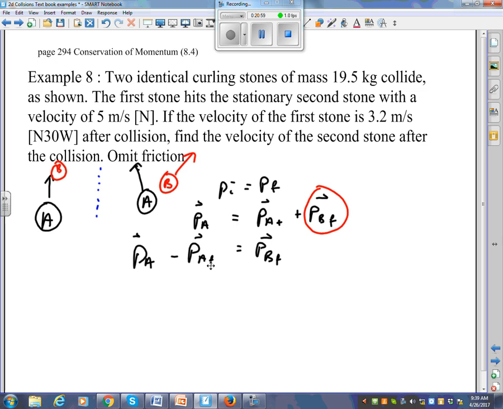And of course I've changed up my notation here. Well, how do we do vector subtraction? I think I'm going to put that away because that's just confusing me. How do we do vector subtraction? We find the components and we subtract them, right? So let's deal with PA. Well, as before, PAX is equal to 0.